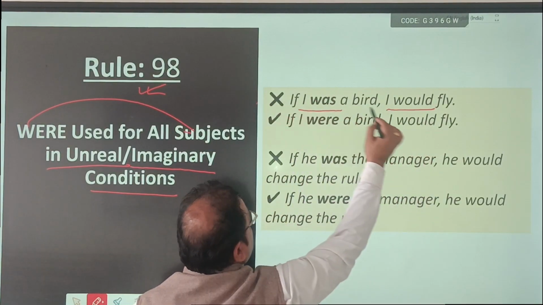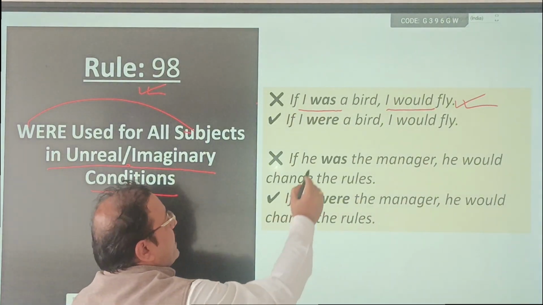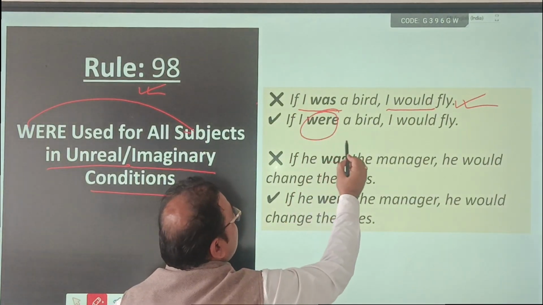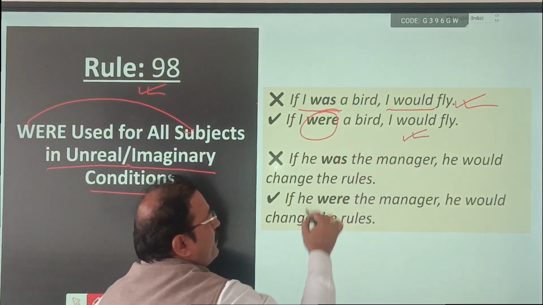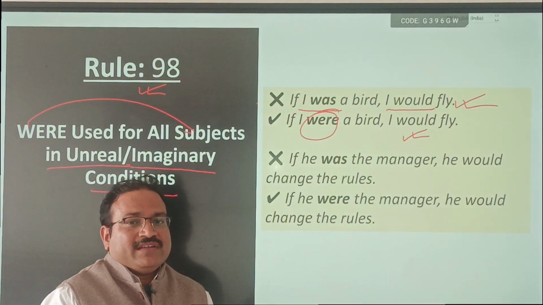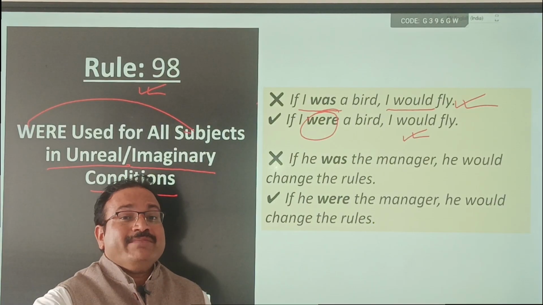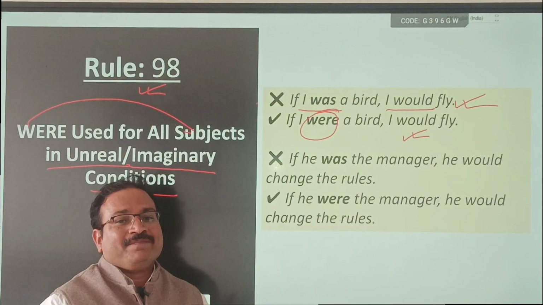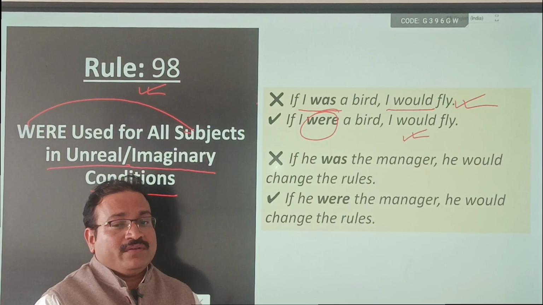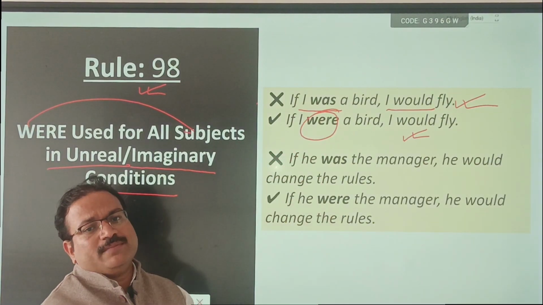This is what you will get in examination. What would be the right one? If I were a bird, I would fly. Why were a bird? Because this is imagination. The sentence expresses some imaginary, hypothetical situation. So in that case, we use were with all subjects.